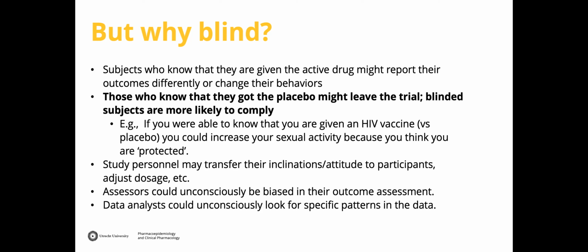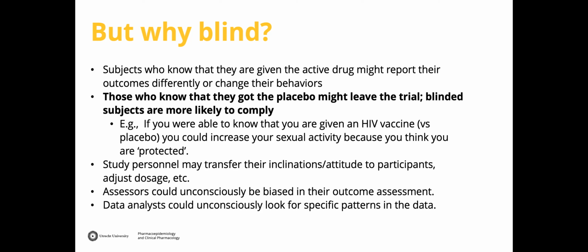For example, if you're in a trial for an HIV vaccine and you know that you're in the intervention group, like you know you've gotten the HIV vaccine versus a placebo injection, you could actually increase your sexual activity because you think you're protected.